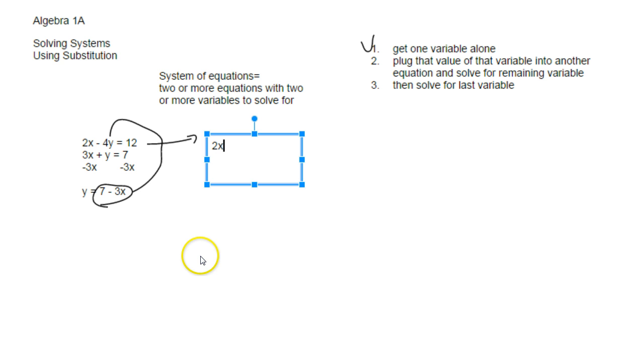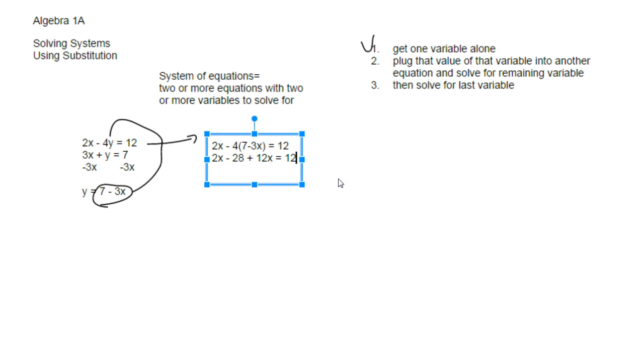So now we've got 2x minus 4 parentheses 7 minus 3x equals 12. Then we're going to distribute and continue to work from there. We distribute the negative 4 and we get 2x minus 28 plus 12x equals 12.